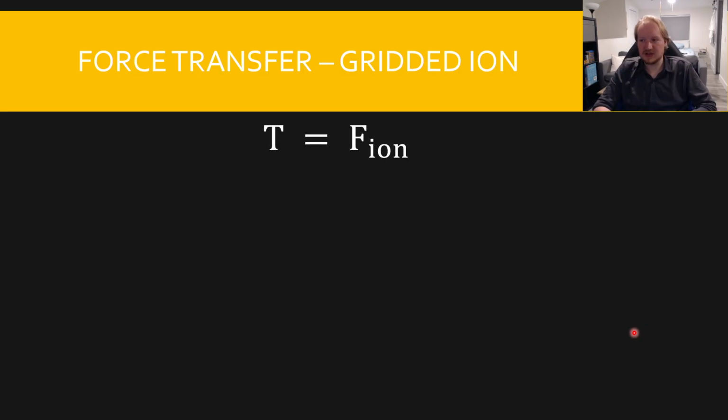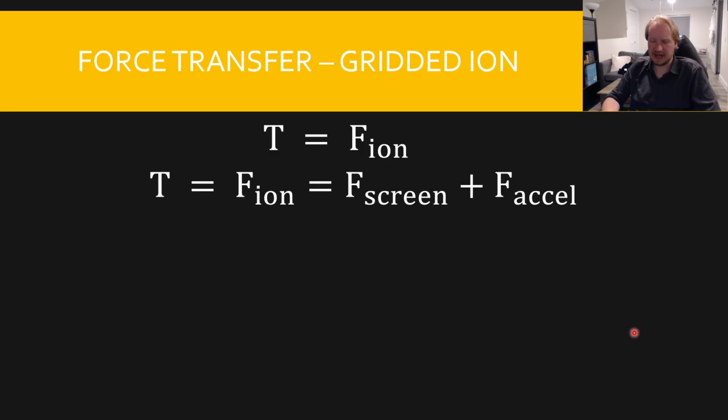So we know that our thrust here is going to be the force of all of these ions, and that ionic force is going to be created by two of these electric field accelerator grids, the screen grid and the accelerator grid. These charged grids, we run a current through them, and that is what's going to create our electric fields. So then we can break these down into electric fields.